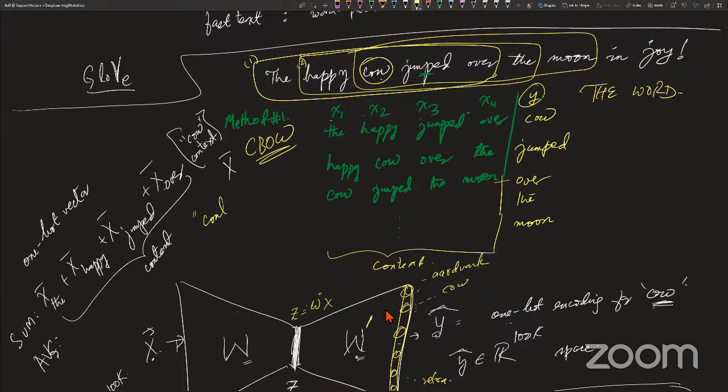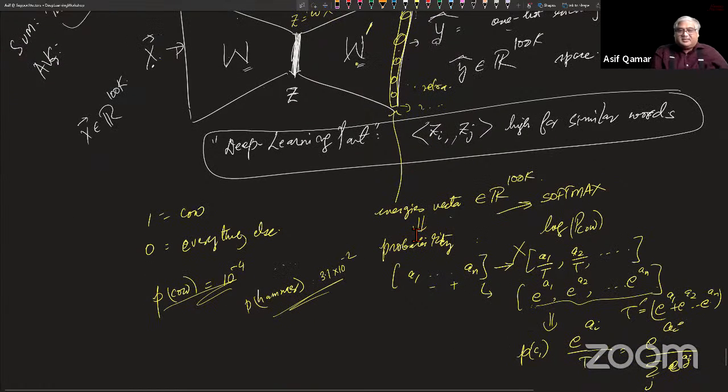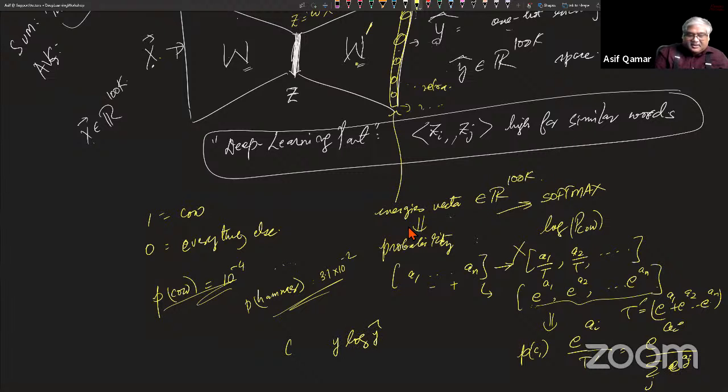So, Asif, can you take a moment to go back to what was back propagated? What was back propagated? It is your loss. You are trying to minimize this loss, right? The cross entropy loss, which is Y log Y hat. You expected it to be cow. What you're getting is that mostly Y hat of cow is not equal to 1.